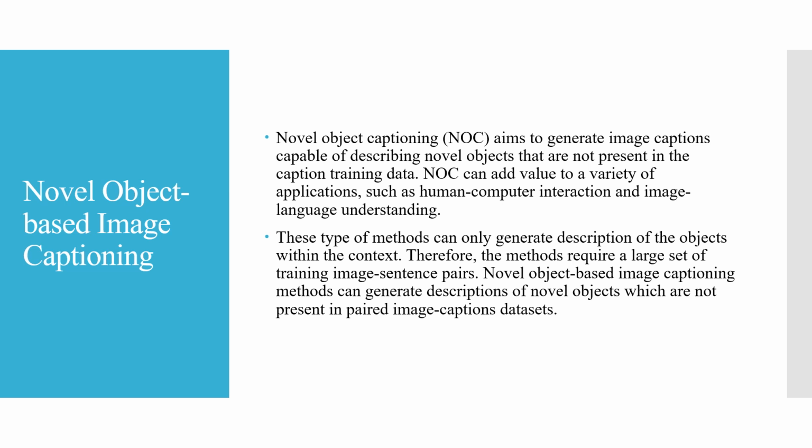NOC can add value to a variety of applications such as human-computer interaction and image language understanding. Other types of methods can only generate descriptions of objects within the context, and therefore require a large number of training image-sentence pairs. Novel object-based image captioning methods can generate descriptions of novel objects which are not present in paired caption datasets.